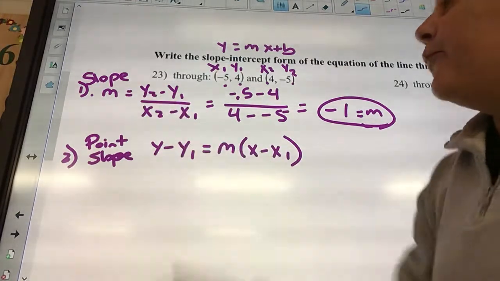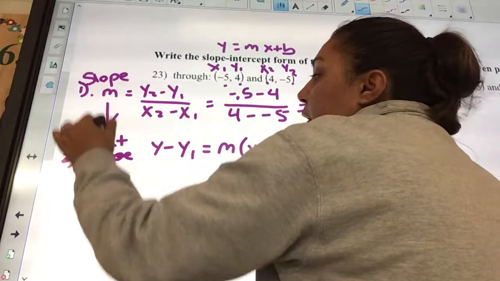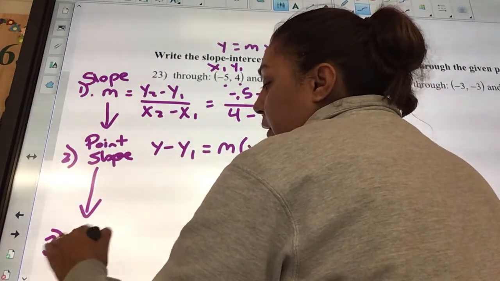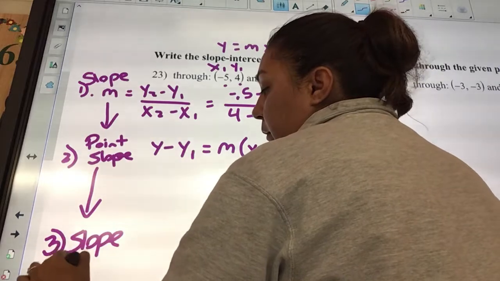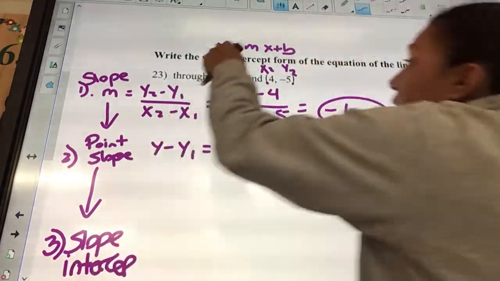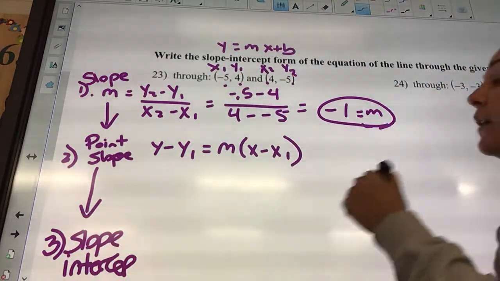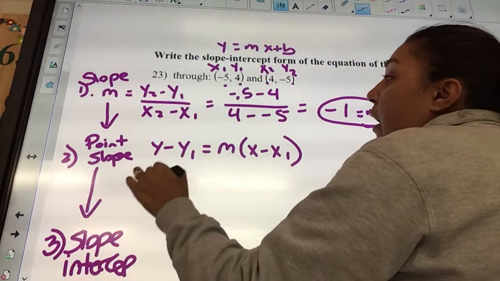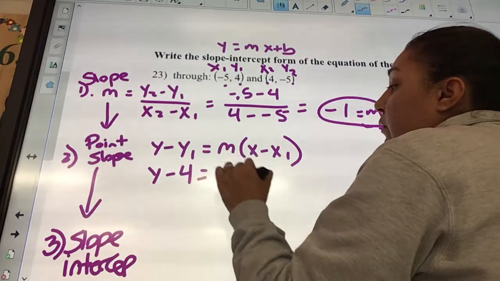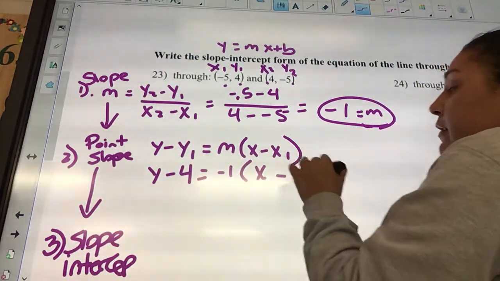You can go from slope to point slope, and then eventually step 3 would be our slope intercept. Okay, which is this y equals mx plus b. So for this, we got y minus, my y1 is 4, my slope is -1, x minus -5.